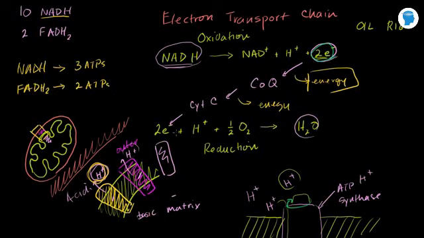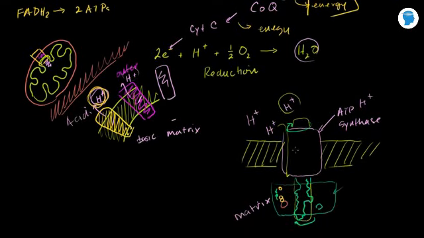That energy is used to pump hydrogen protons into the outer compartment of the mitochondria. And then those hydrogen protons want to get back into the matrix of the mitochondria. As they go back in, that drives this ATP synthase engine, which actually produces the ATP.